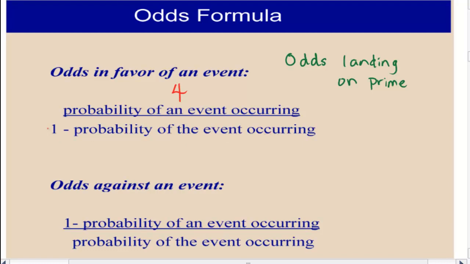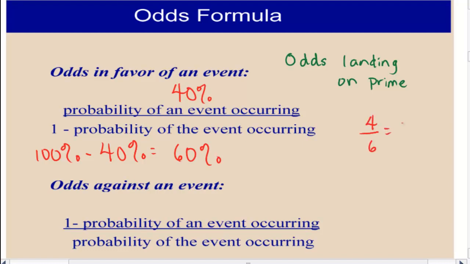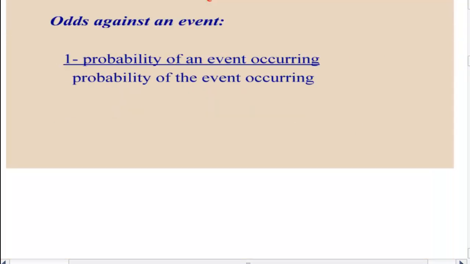So in other words, the total minus the probability of the event occurring. 1 would represent the whole, so you could think of it as a 40% chance that the probability would occur. 1 would be a 100% chance minus the 40% chance would give us a 60% chance for the denominator, and we saw that as 4 over 6, and we wrote it as 4 to 6.